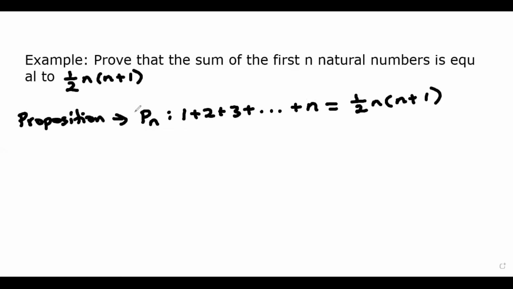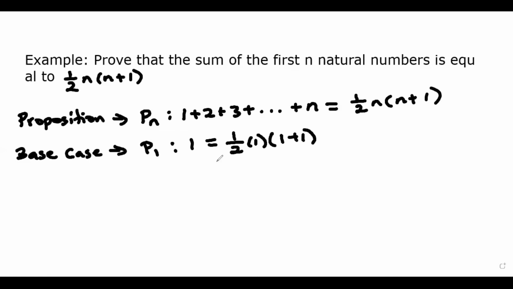So that's a proposition. Then your base case, that is when P1, so n is now 1. So you'd have 1 is equal to, anywhere you see n, you're substituting 1. Half times 1, 1 plus 1.